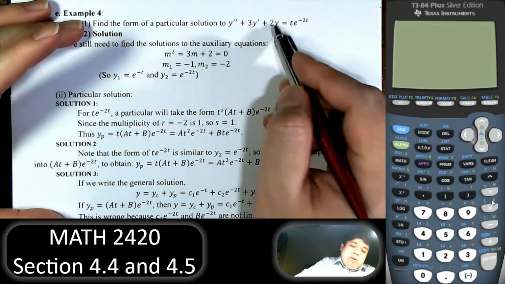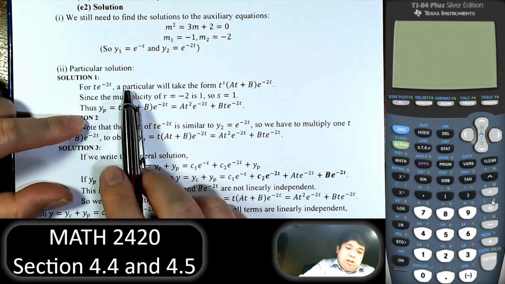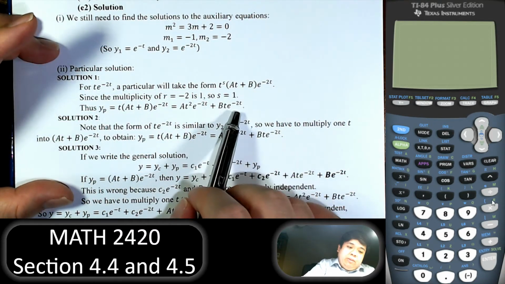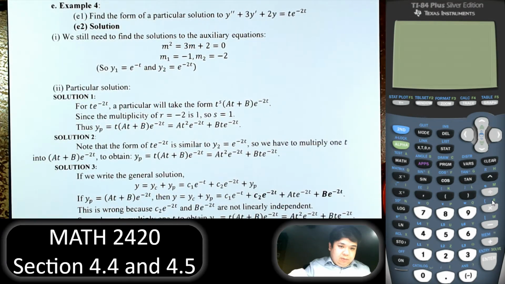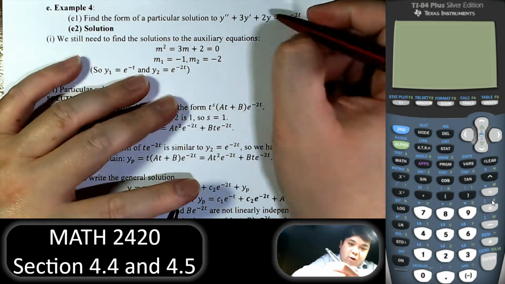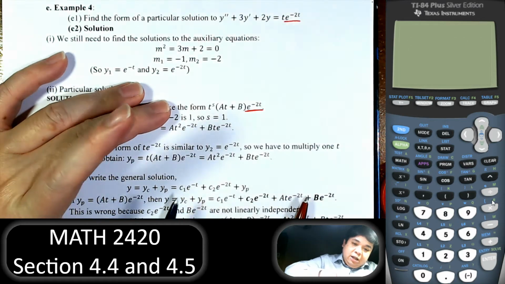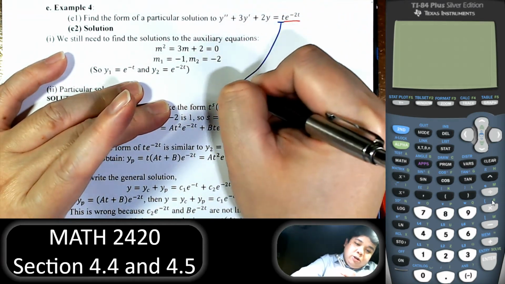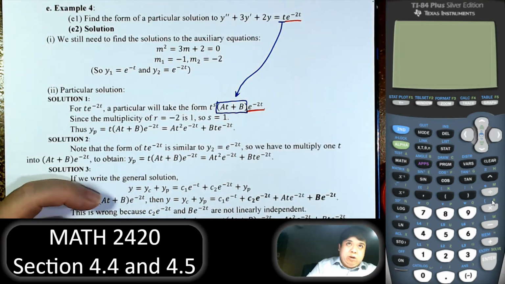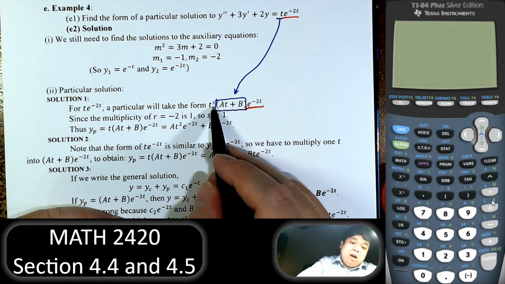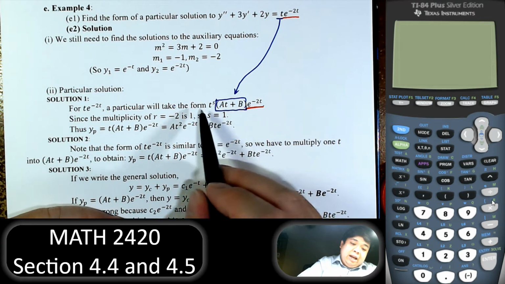And then here we guess. So this is the solution if we use the book. A little more difficult. We're going to guess the first. So this has the form of e to the negative 2t, so we're going to guess the same thing. First degree polynomial, our guess is going to be at plus b, the full first degree polynomial. And we potentially multiply by t to the s, where s is the multiplicity of the solution.